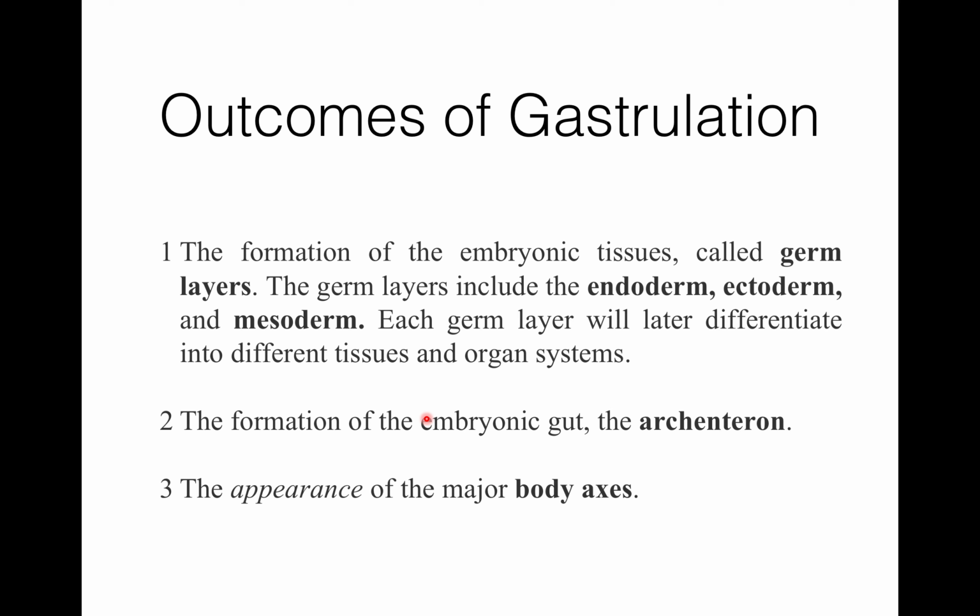And there is the formation of embryonic gut, the archenteron, and the appearance of major body axis. So it is gastrulation, and significance, main significance is the gastrulation results in the formation of three-layered structure consisting of ectoderm, mesoderm and endoderm.